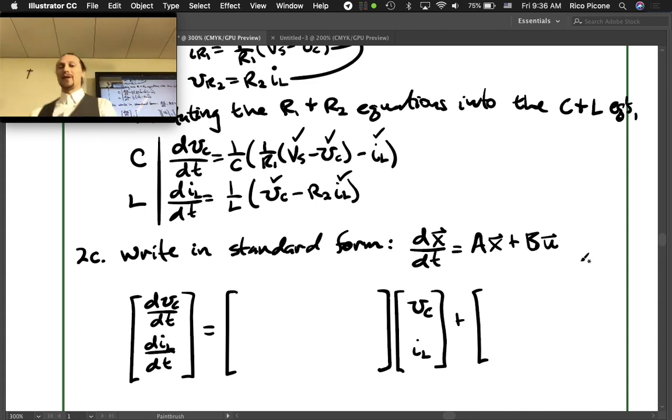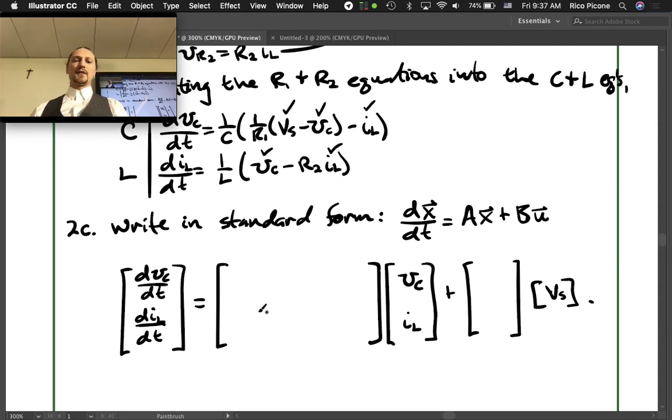We only have one input, so just 2 by 1, times u, which is just Vs, right? So all we need to do now is fill in the A and B matrices. This is our A matrix here, and this is our B matrix.